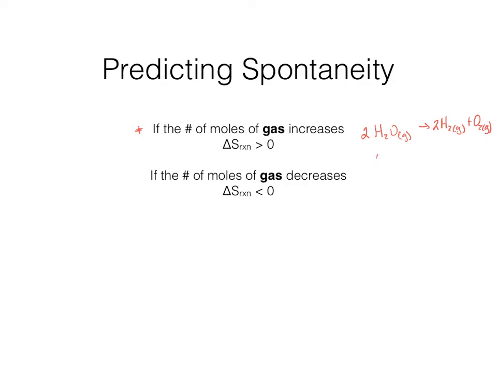I started with 2 moles of gas as the reactants, and I went to 3 moles of gas on the products. I'm just using the stoichiometric coefficients to figure that out. And so since I increased my number of moles of gas, I would expect that the delta S of this reaction should be greater than 0 because I'm increasing the amount of entropy within the system. And likewise, if it goes the other way, then the entropy should be decreasing.